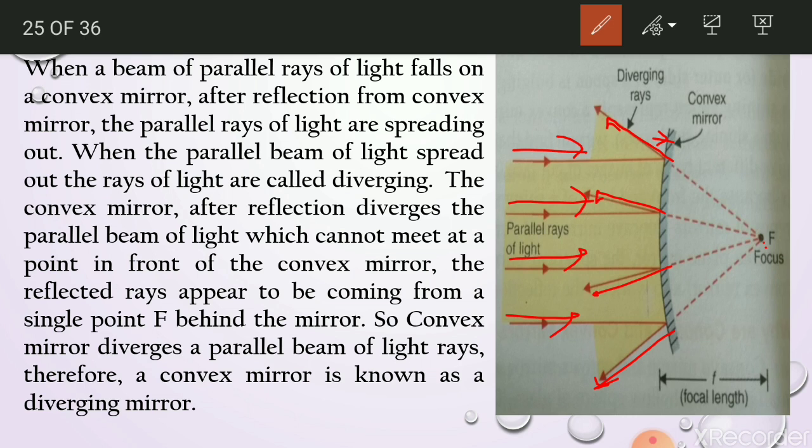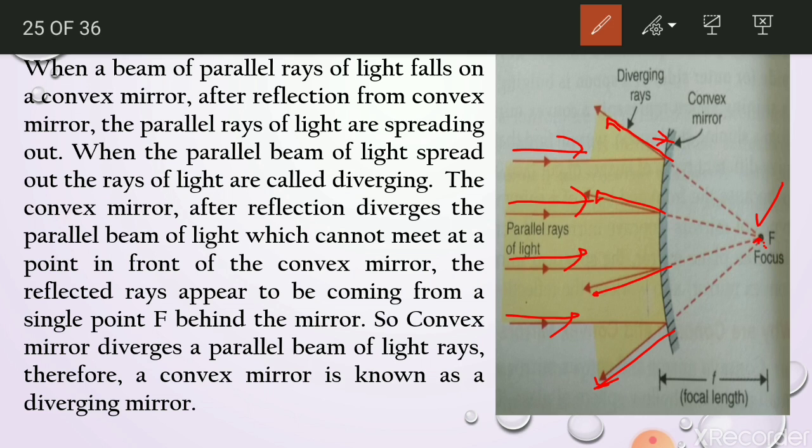This point, from which the light rays appear to be coming, is called the focus of the mirror. This is the focus of the convex mirror, denoted as F.